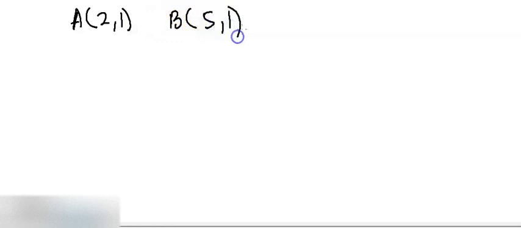Indeed, there are some specific cases too in this discussion. For example, if I consider 2 points, let me call point A, which is 2 comma 1, and let me call point B, which is 5 comma 1. I'm interested in the slope of this line. Let's see how this line looks.